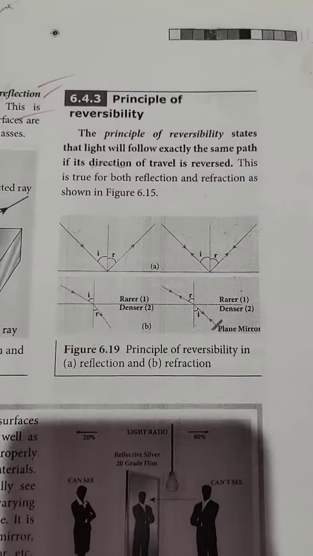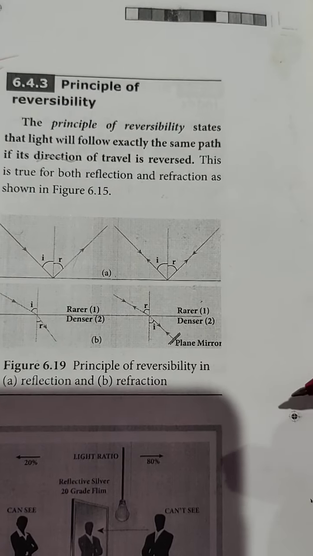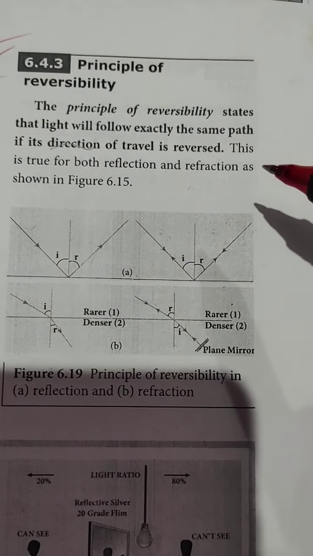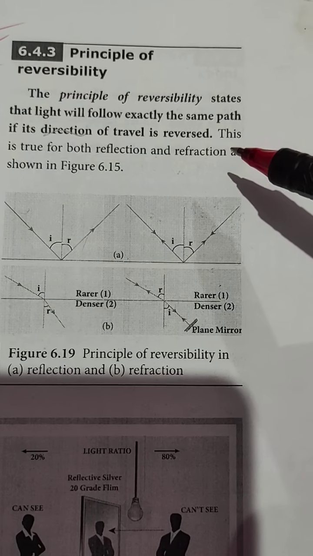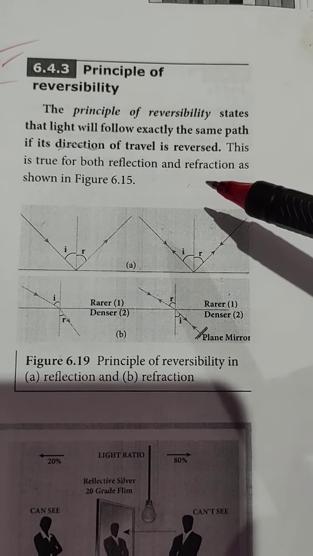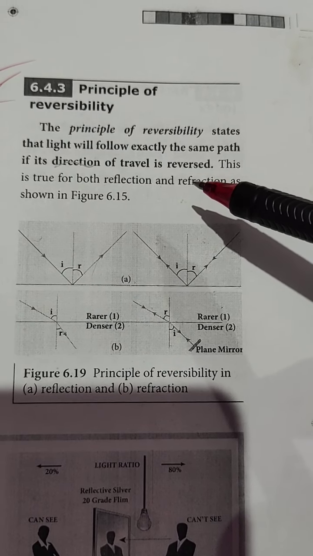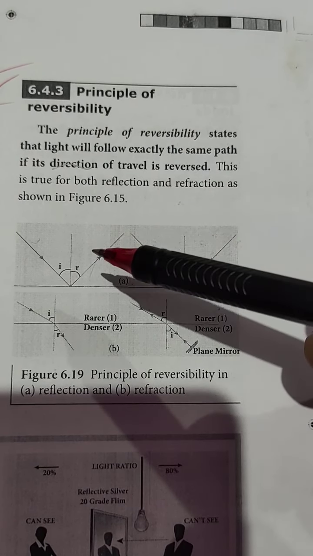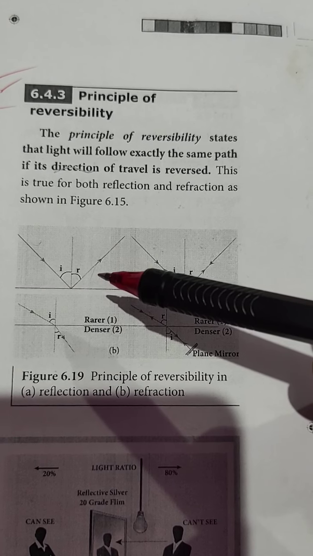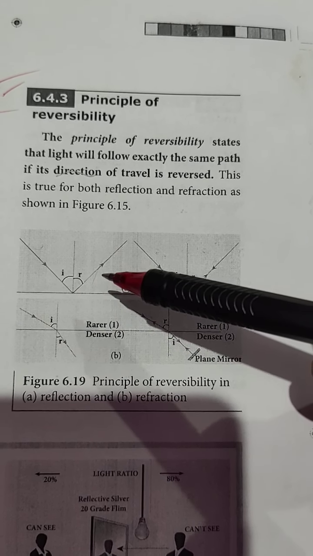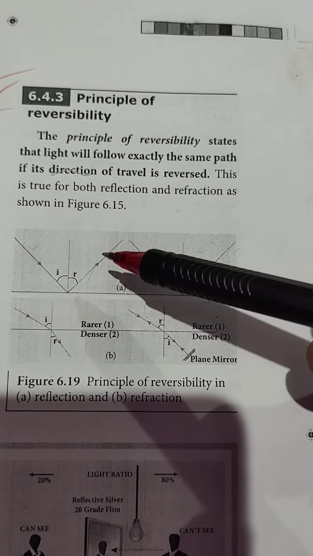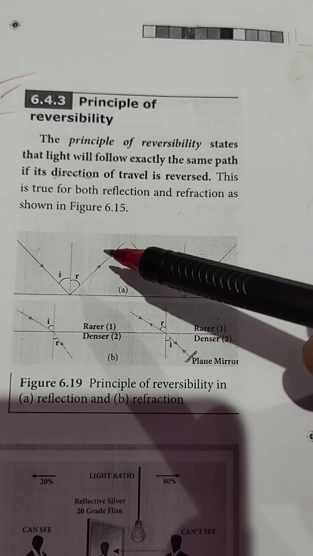In another topic, the principle of reversibility, it may be asked in two more questions. The principle of reversibility is nothing but this: when the light passes some way, it will follow exactly the same path if its direction of travel is reversed.